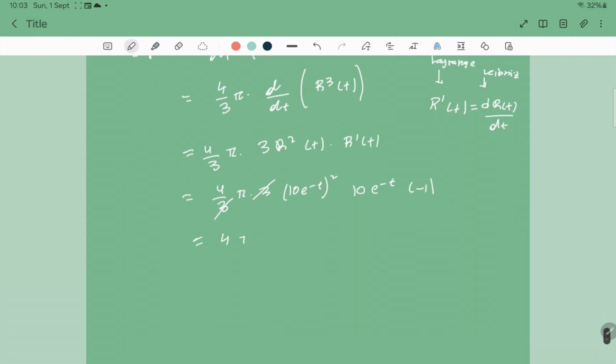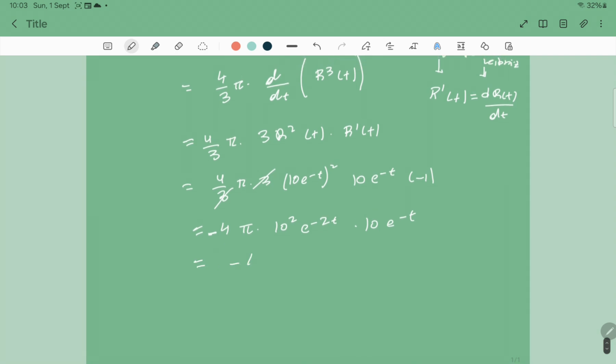So it should be 4 times π times 100 e to the minus 2t times 10 e to the minus t, and of course we have a minus here, so it is minus 4000 times π e to the minus 3t, and is strictly negative. V' is strictly negative, so the function V is a monotonically decreasing function for every t belonging to (0, ∞).